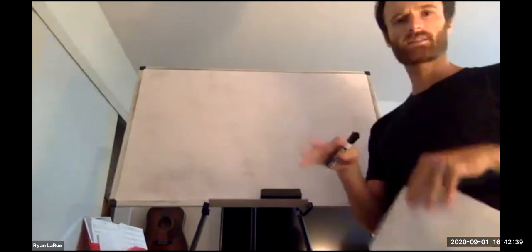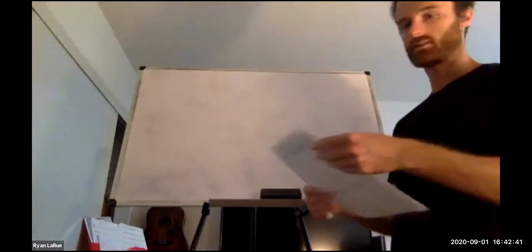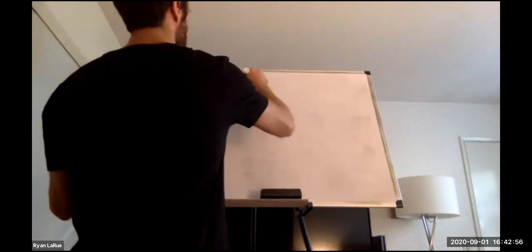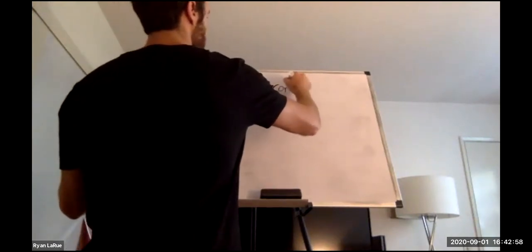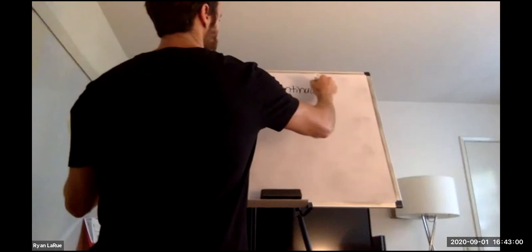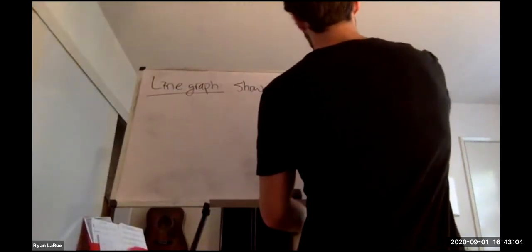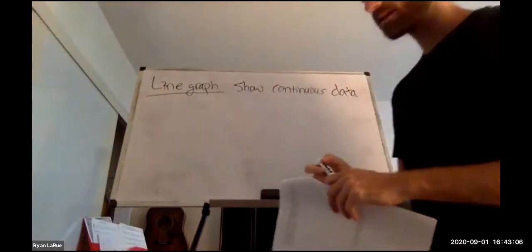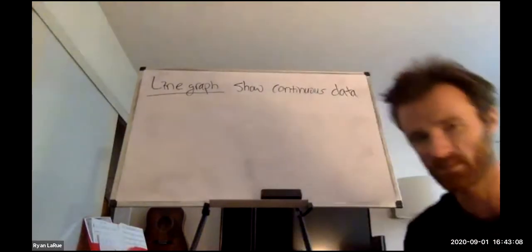So there's three kinds of graphs that you'll encounter in science. There's the line graph, and a line graph will visually show continuous data. And really, almost always, when you see a line graph, it's data that takes place over time.